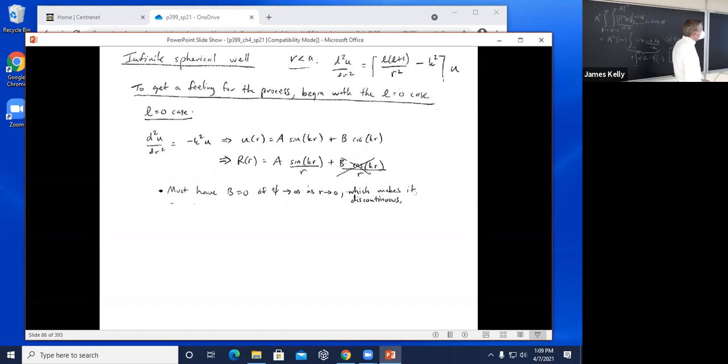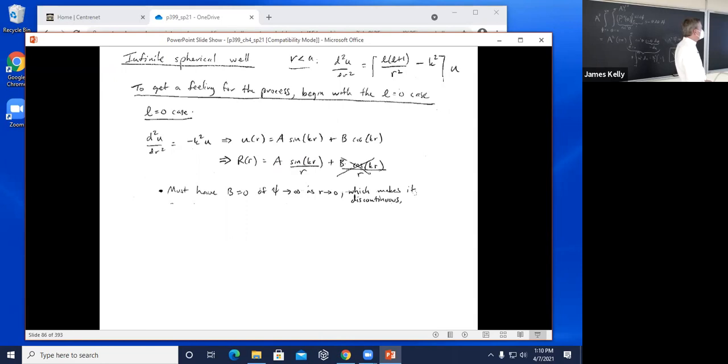Why does the one I've x'd out behave badly? And why is the one I haven't x'd out not behave badly? When r equals 0, it looks like r equals 0 is going to be a problem here. Why is that one not a problem? That is the sinc function, right?